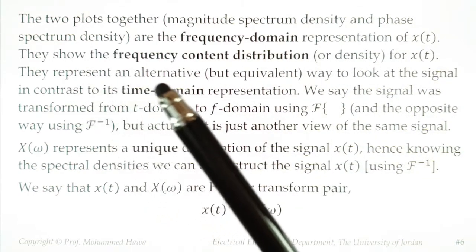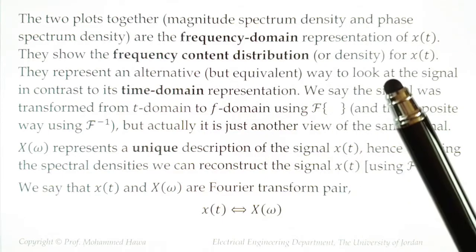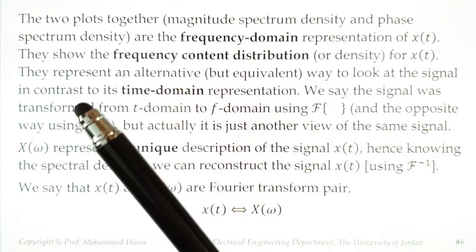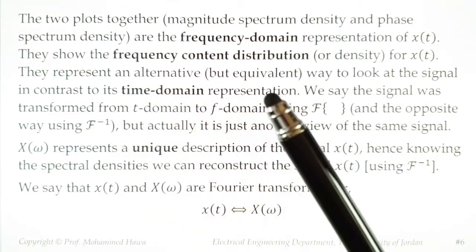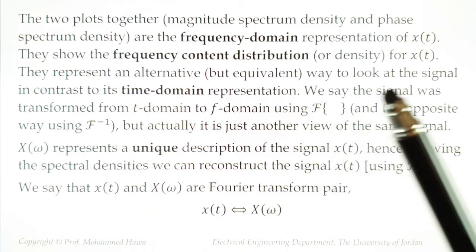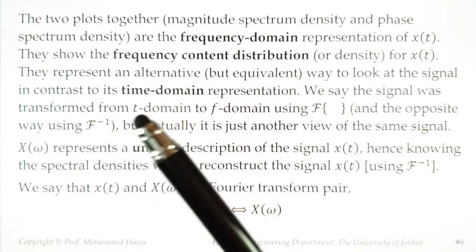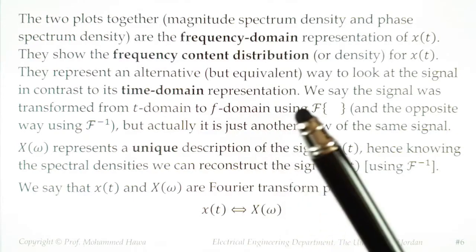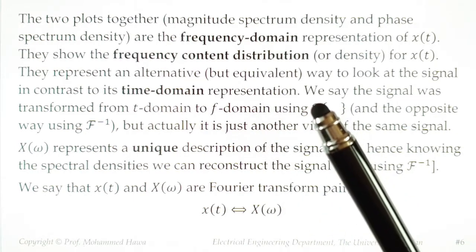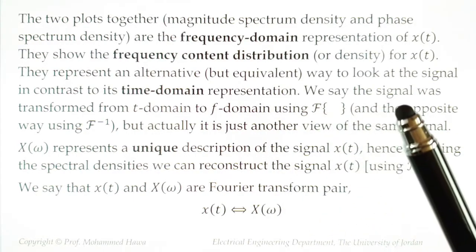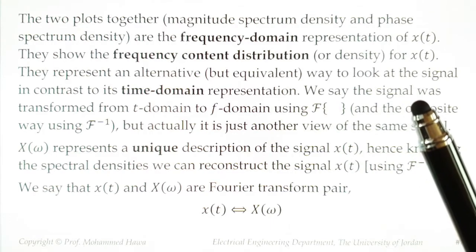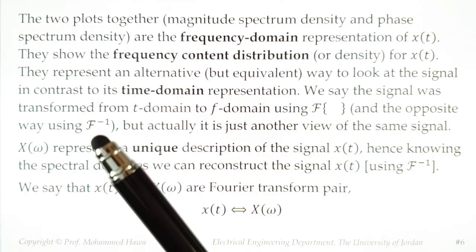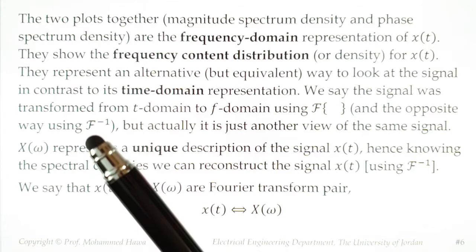So they represent an alternative but equivalent way to look at our signal in contrast to its time domain representation. We say the signal was transformed from time domain to frequency domain using the Fourier transform operator, and it is transformed in the opposite direction from frequency domain to time domain using the Fourier inverse operation.